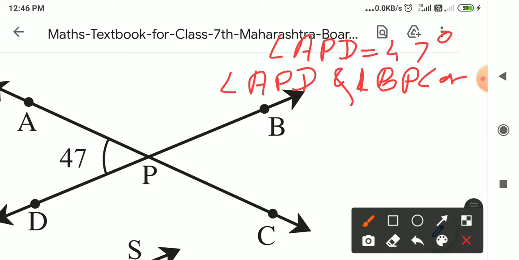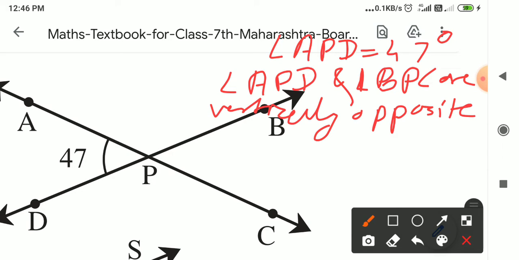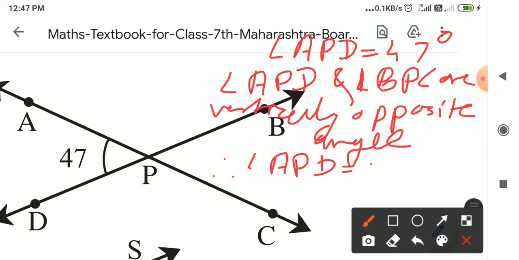You know that vertically opposite angles have equal measure, and therefore angle APD is equal to angle BPC, which is 47 degrees.